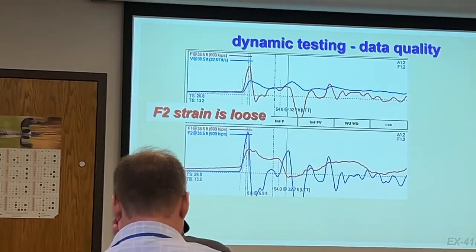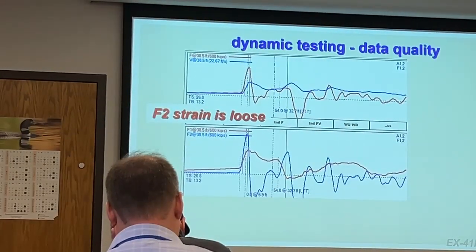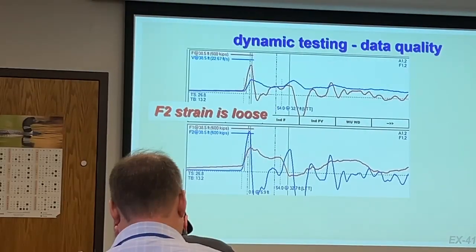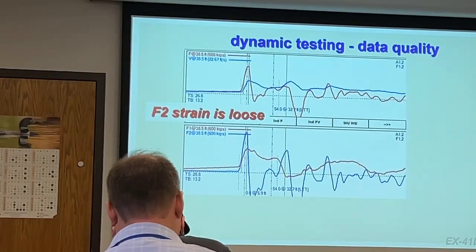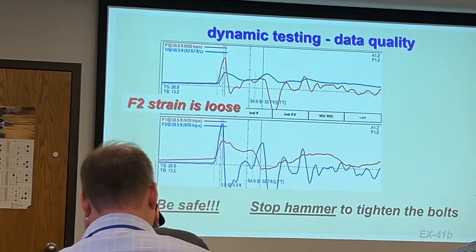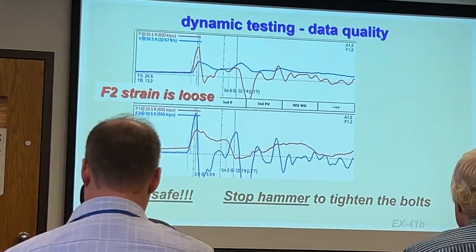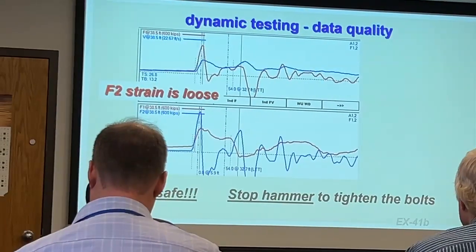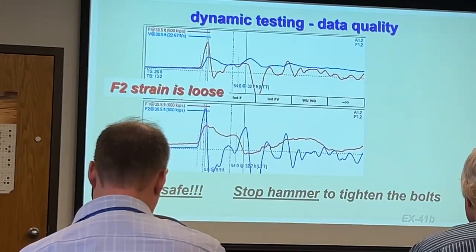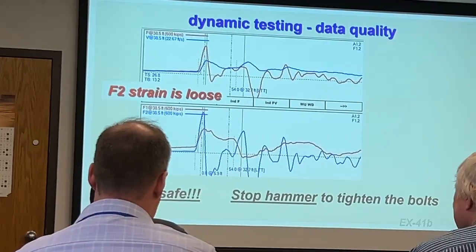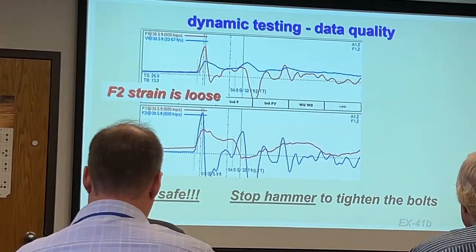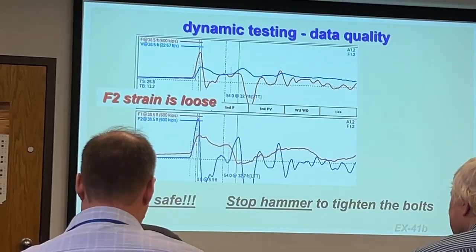And again, unfortunately, you got to recollect the data if that happens, or have them go recollect the data. Again, be safe and don't let the hammer keep running while you're tightening the bolts. We've seen that happen a few times in some of our data sets. It's not worth it, I'll say that.